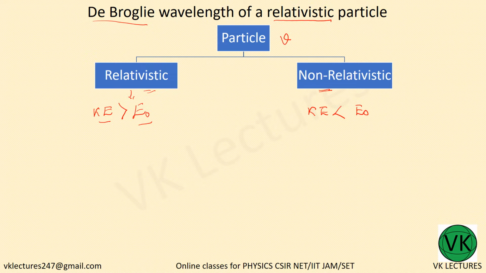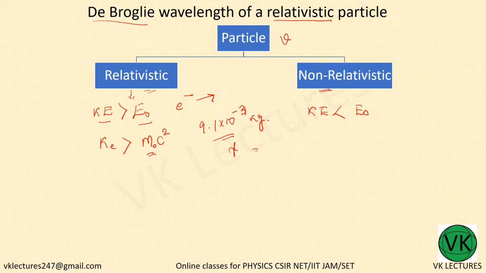For example, if we consider an electron, the kinetic energy of this electron must be greater than m naught c square, where m naught is the rest mass of the electron, which is equal to 9.1 into 10 to the power minus 31 kilogram. Now, as and when this electron starts moving, the mass will start increasing by a factor of gamma. What is gamma?